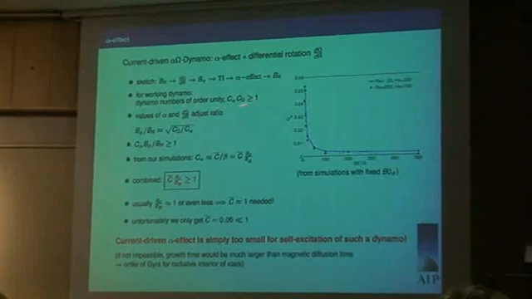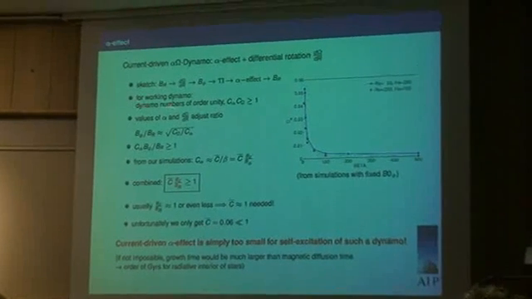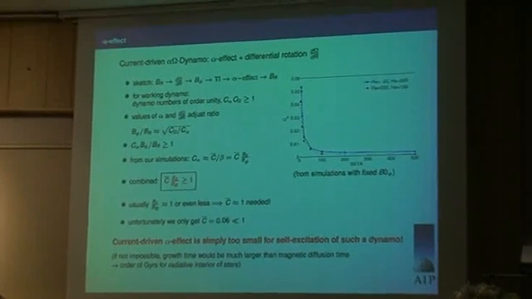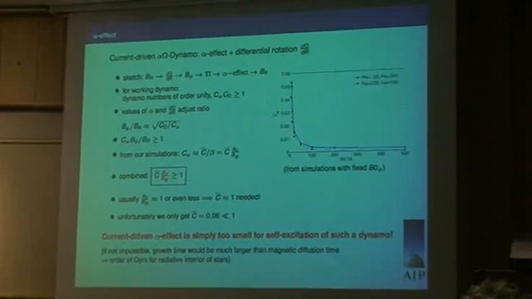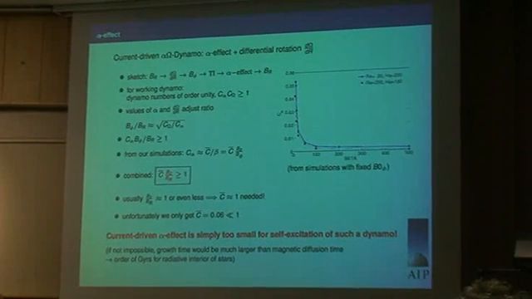Then everybody knows that for such a dynamo, a working condition is that the product of the dynamo numbers C alpha, C omega is of the order of 1 or larger. So with the strength of the alpha effect and the shear, we also define the ratio between the toroidal and the poloidal field.